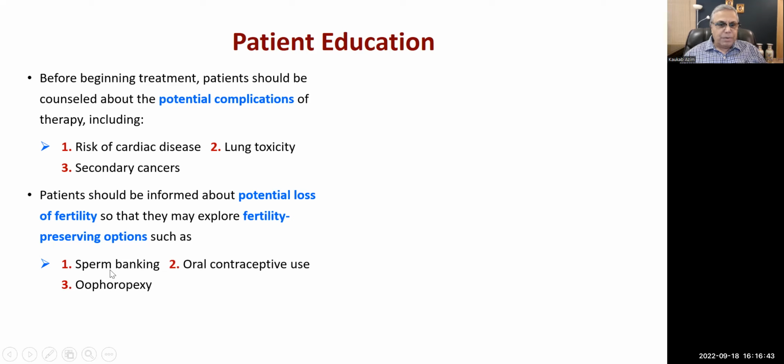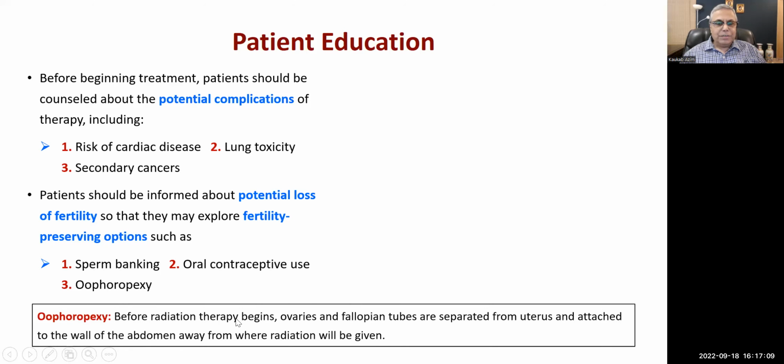We can do sperm banking in case of males. Oral contraceptive use is one option. And oophoropexy, whatever you call it. Some people call it oophoropexy, or I don't know exactly how to pronounce that. But anyway, what you do in this procedure is that before radiation therapy begins, the ovaries and fallopian tubes are separated from the uterus, and they're attached to the wall of the abdomen, which will be away from the radiation.